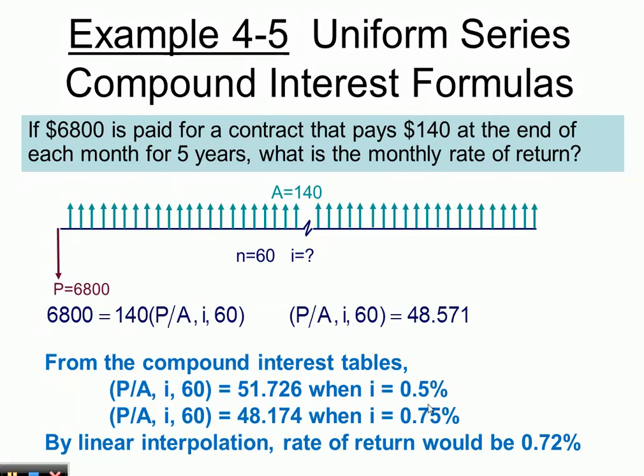So it's got to be a little lower than 0.75%. And if we wanted to find it, we can use linear interpolation. And of course, it's just going to approximate, and we're not going to be able to find the specific I, but we can approximate, and it will lead us to a rate of return of 0.72%. And to do that using linear interpolation, it's pretty simple actually.